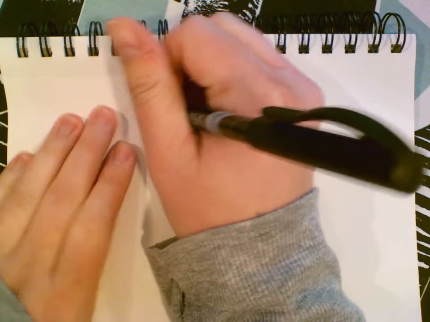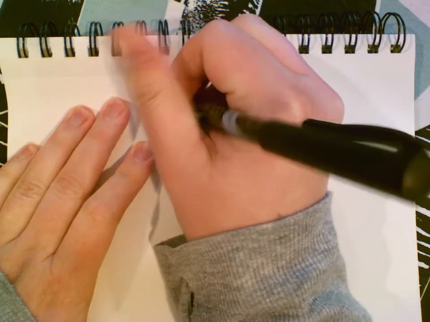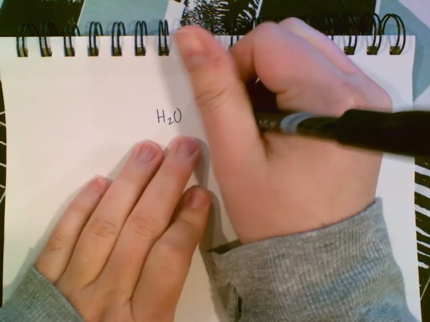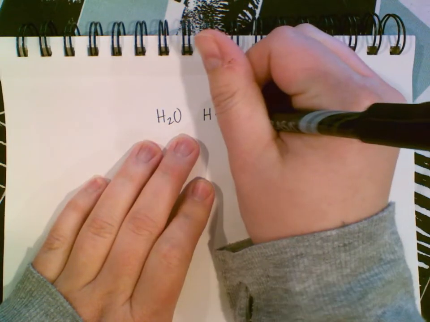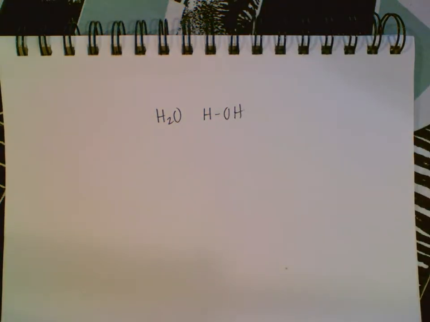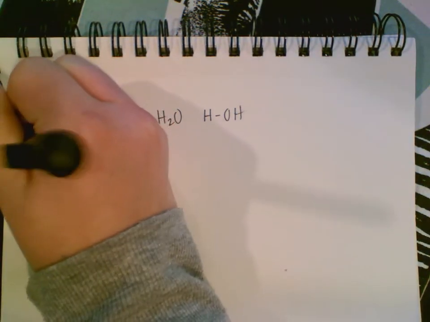The thing you need to know to start off with is that water is the root of all of this acid and base stuff. So water we know as H2O, but I think about it more as an H and an OH. And so water, when it sits by itself, goes through a process called auto-ionization.